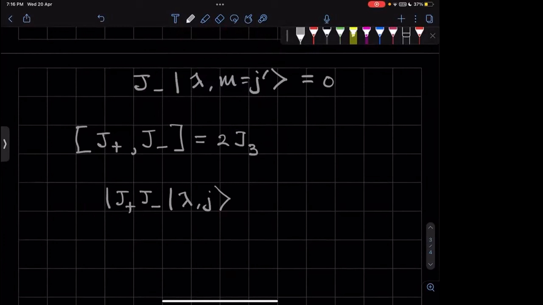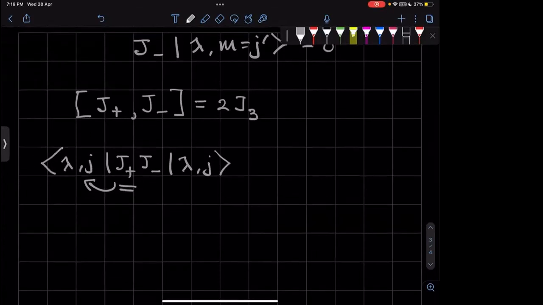Exactly. Because this thing acting on this will lower the eigenvalue, because this will be the conjugate of J minus acting on something. So it'll be this.